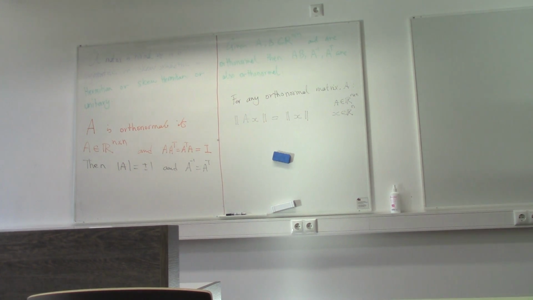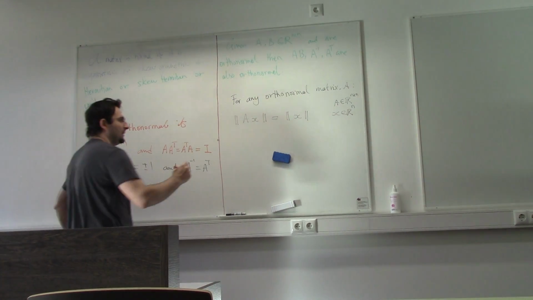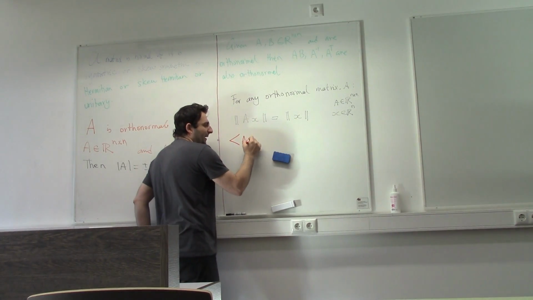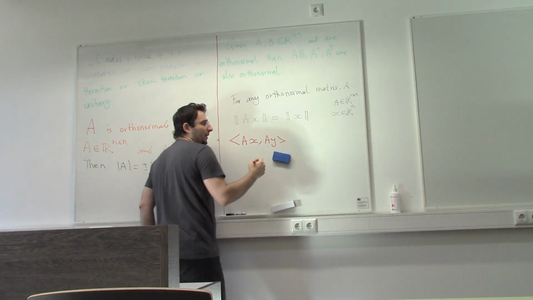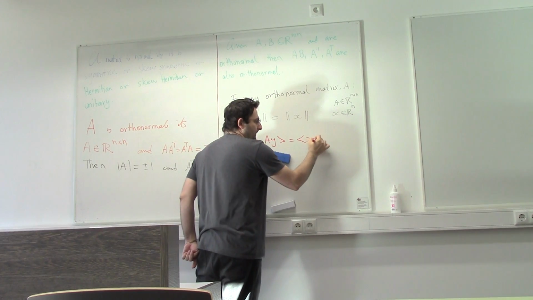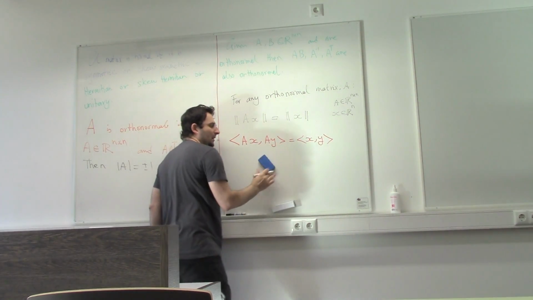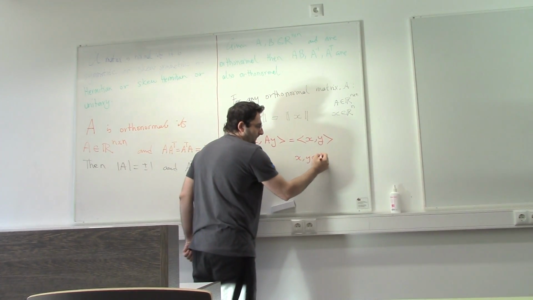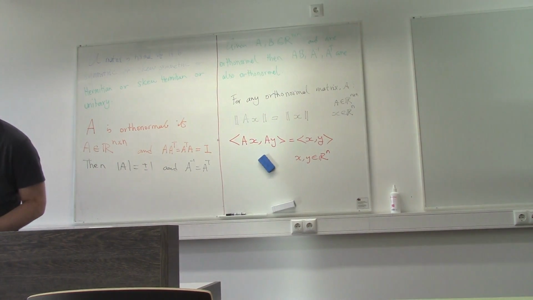And if A is an orthonormal matrix, we will use this: if we multiply A by X and A by Y and then take the inner product, it's the same as the inner product of X and Y, given that X and Y are in R^n.